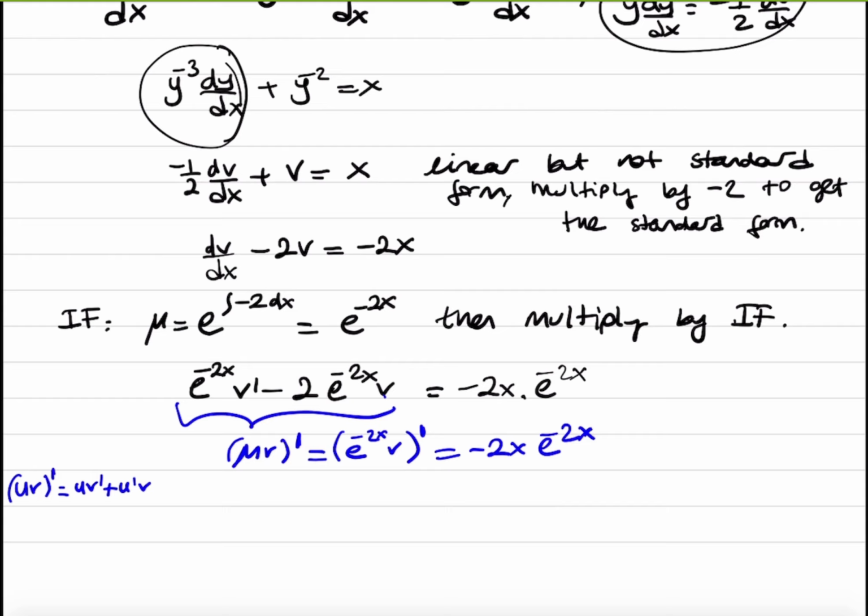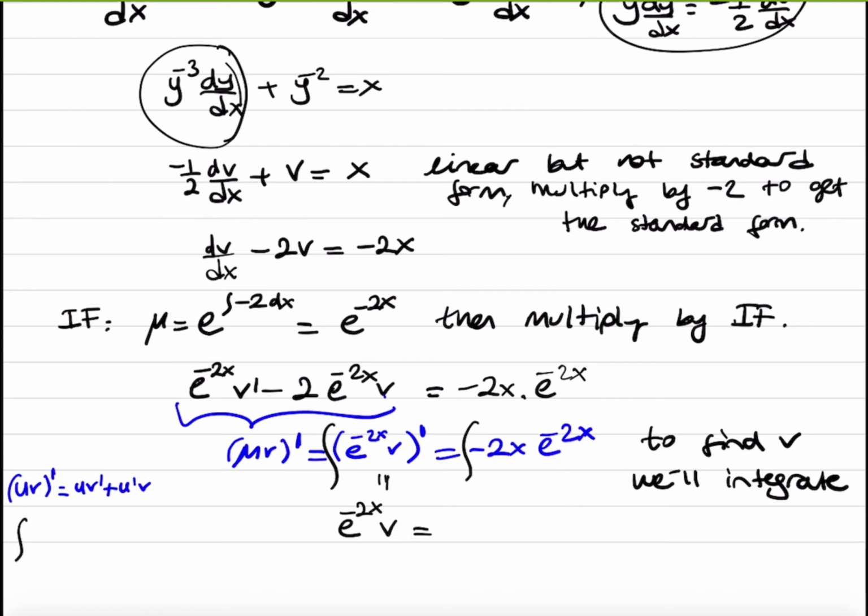So to find v, we will just integrate. And we know that the integral of the derivative is itself, f of x plus c, so that's why we have itself.